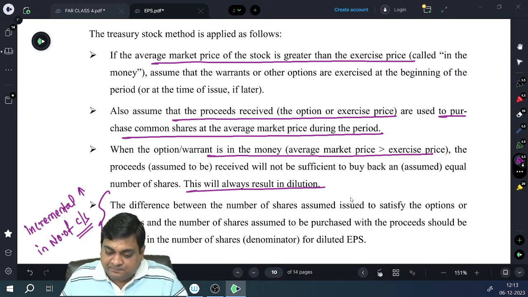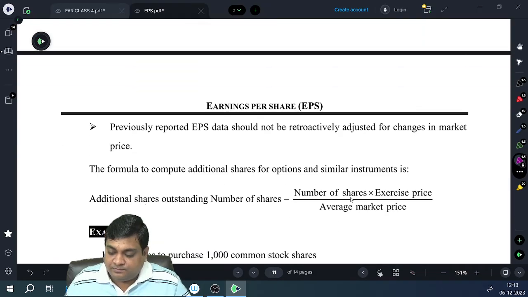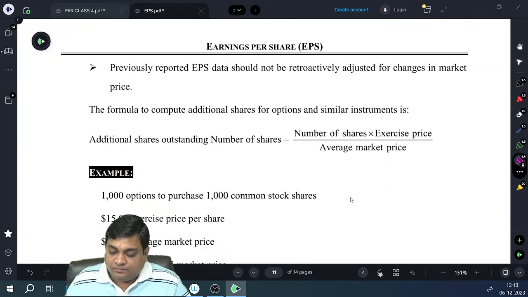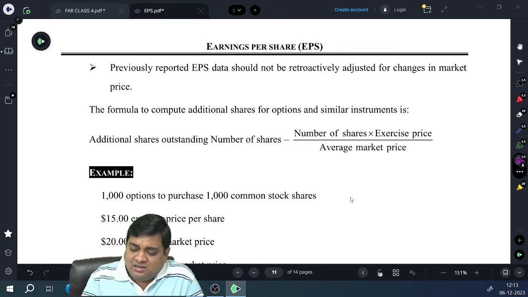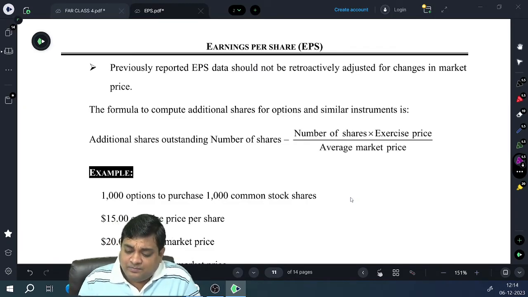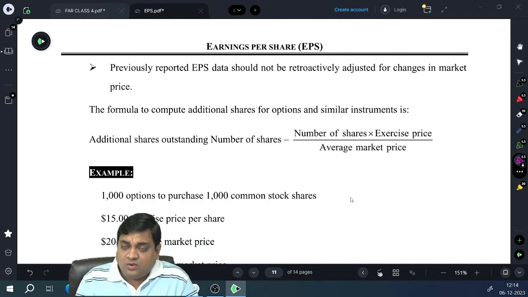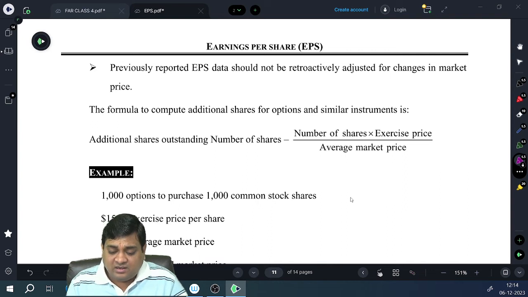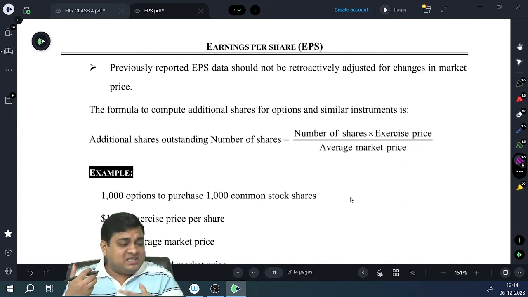Right? So this is another way, on the basis of a formula. This is the formula by which they have done it, but we are going to do it orally, so it becomes easier for us, right?